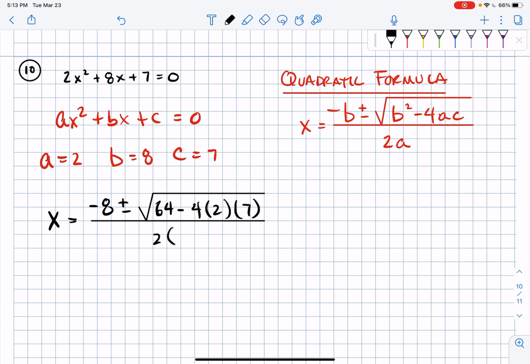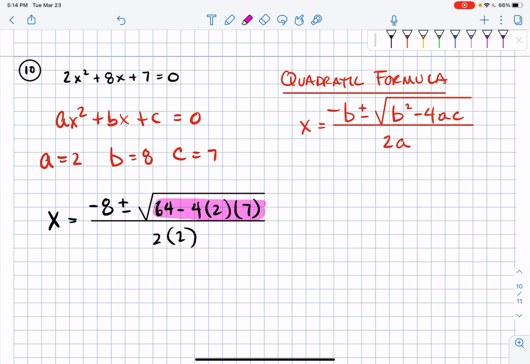There you go. So here's my suggestion. You should only plug in what's inside this radical. So just that 64 minus 4 times 2 times 7.